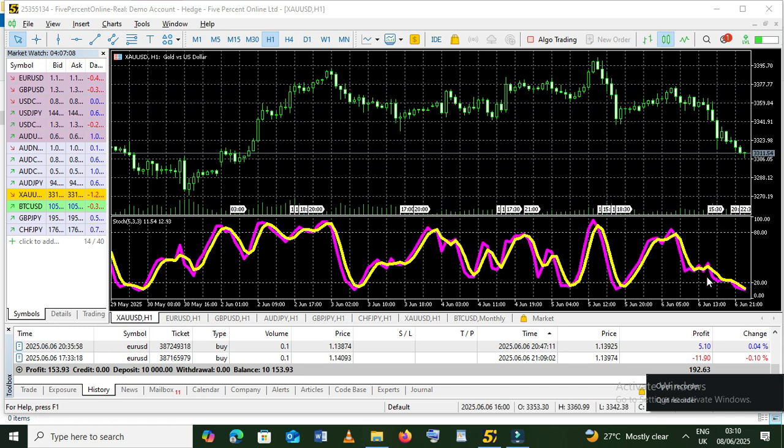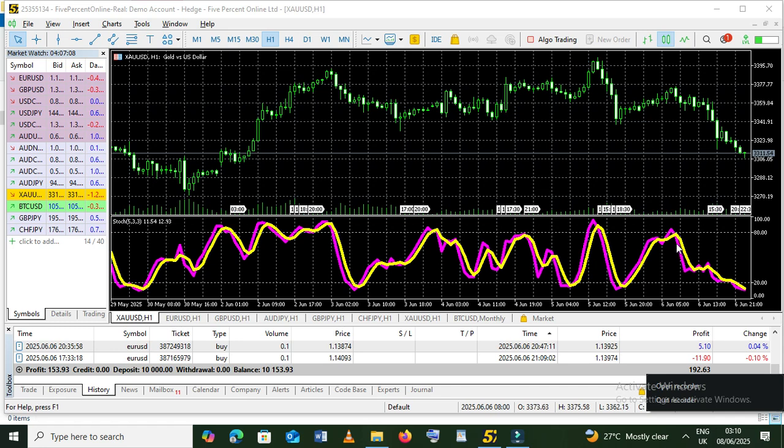Let me analyze it again. Stochastic oscillator has two major points, point 80 and point 20. As you can see here, when you see the double line cross above point 80, it shows that the market has begun to experience low buying pressure. Thereby, you are expected to place a sell order.